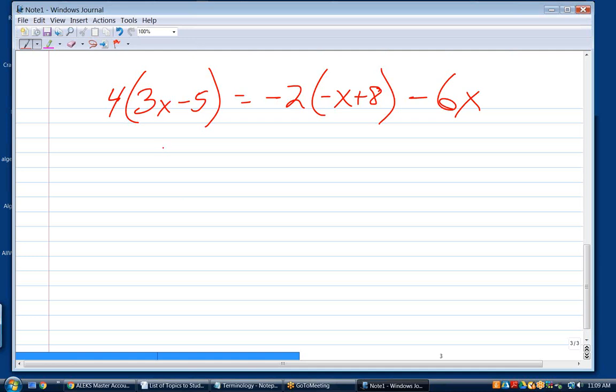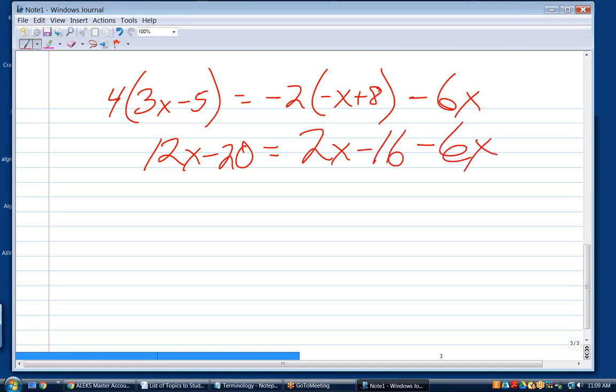So the next line would be 12x minus 20 is equal to 2x minus 16 minus x minus 6x. Okay. Next line. 8x minus 36. 8x is equal to minus 36.